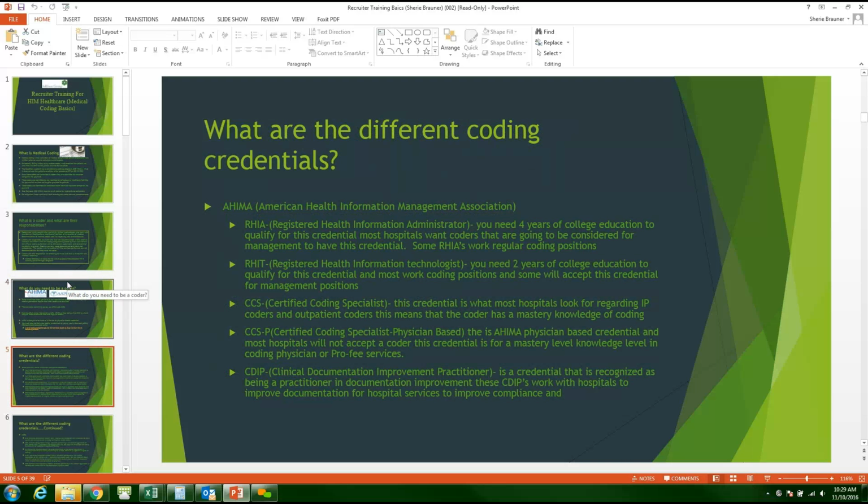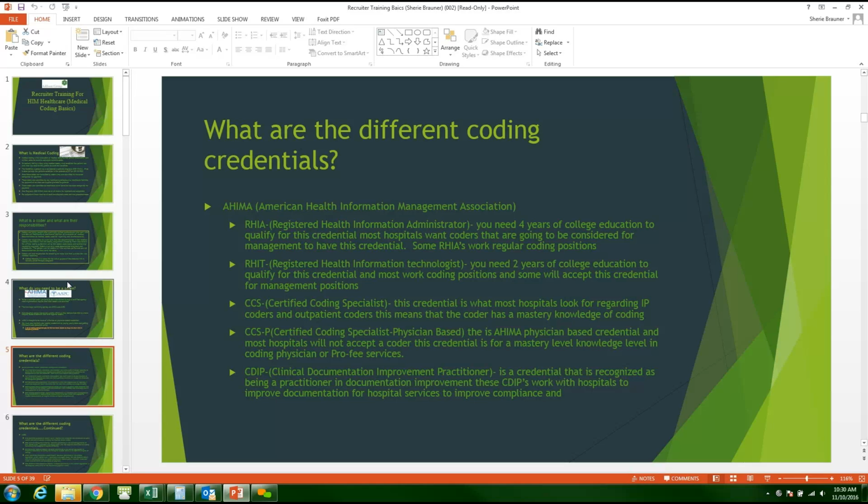Slide number 5. What are the different coding credentials? With AHIMA, there's RHIA, RHIT, CCS, CCSP, CDIP. For the RHIA, you will need a 4-year degree, which qualifies you for the credential. Most hospitals want coders that are going to be considered for management to have this credential.